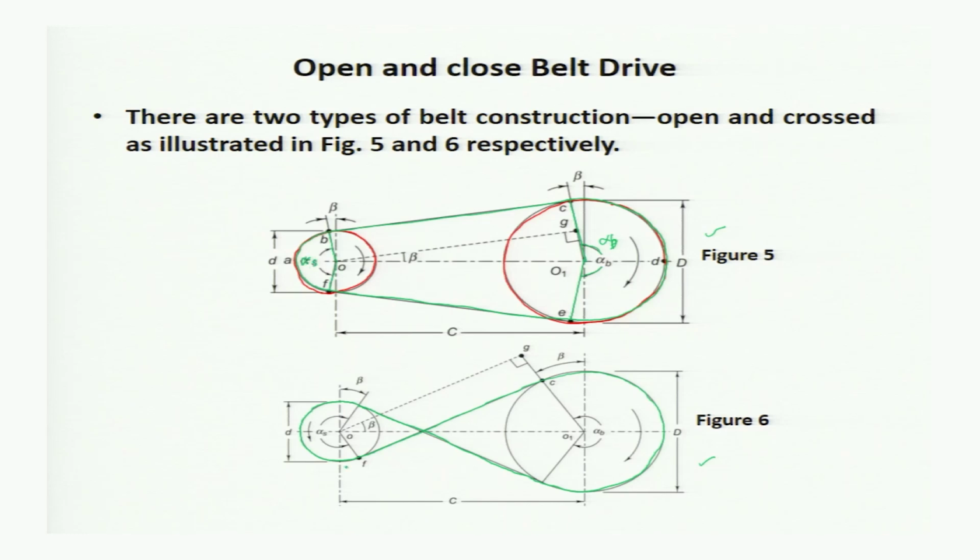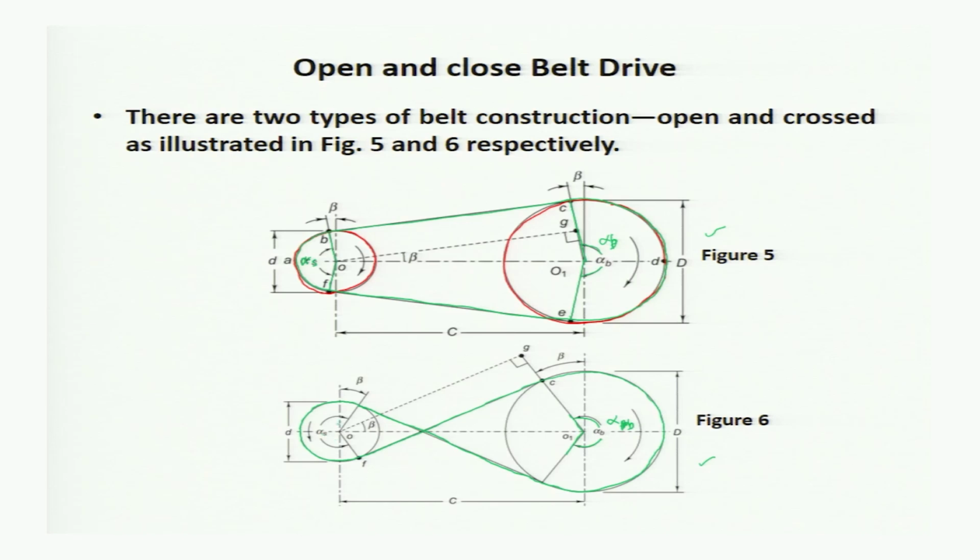Now, you see what will be the angle of wrap for the case of cross belt? It is this one, and when you compare, you will get that this alpha b is bigger than this alpha b.